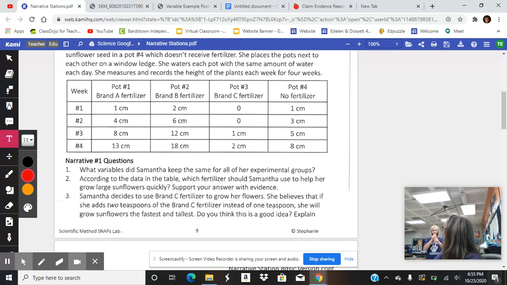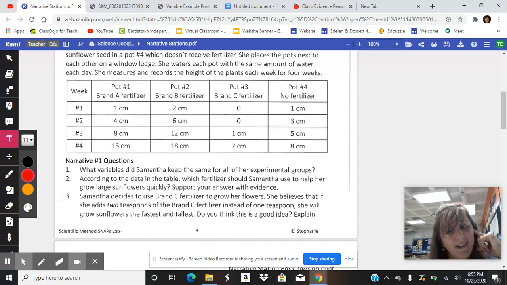Crazy. Sorry, she's being bad. If we double 1 centimeter, it will be 2 centimeters for 3 weeks of brand C fertilizer. And then our last week, week 4, the plant only grew 2 centimeters. So if we double that, that's only 4 centimeters.